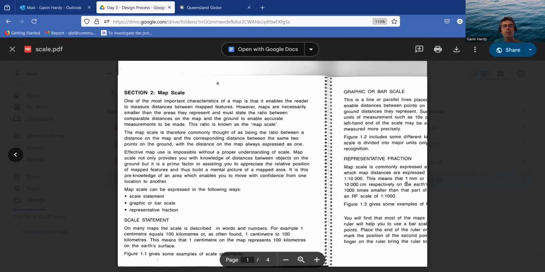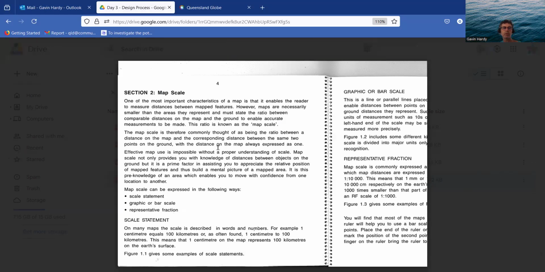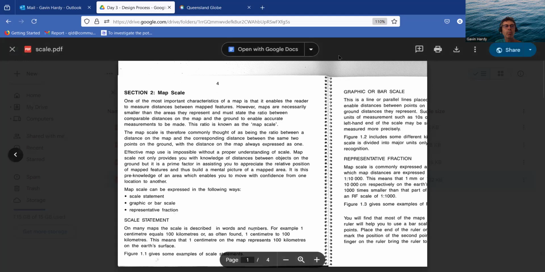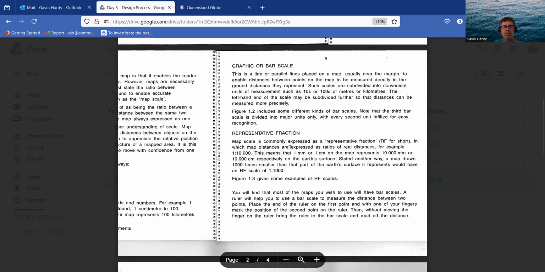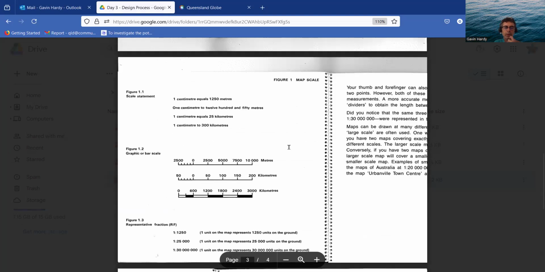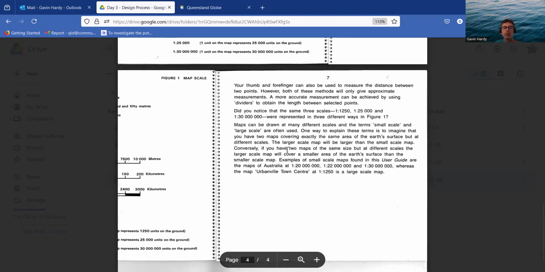In day 3 of the course resources, there's a whole lot of stuff, including a couple of documents about map scale. In this document here, which is just called scale, it tells you all about why we do scale. So have a read of that document.